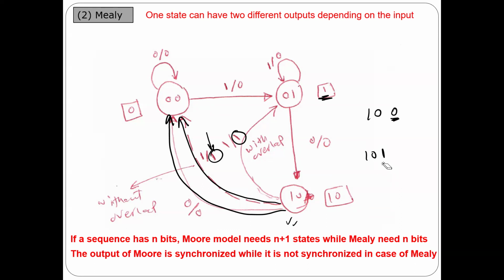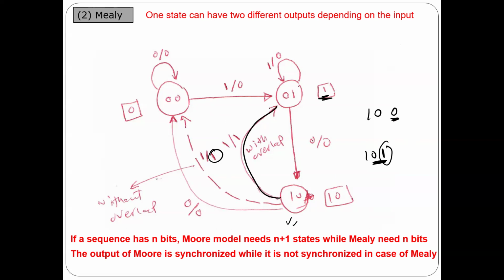If you allow overlapping, after you receive here 1, sorry, so you already have 0, 1 here. So after I received 1, I already have 0, 1. So that's why I will move to this state here because I already have 1, so that next time when I receive 0, I will come to here again. So again, it depends.